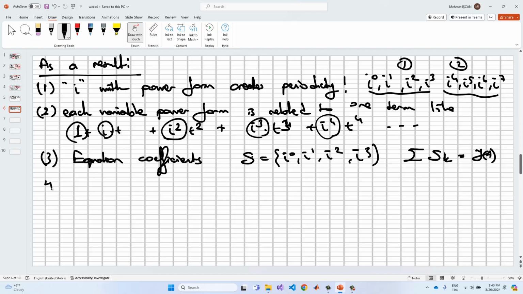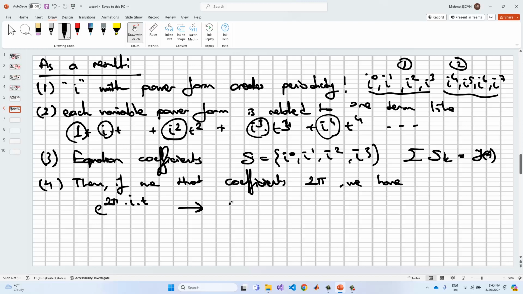And so we can also write that then if we take coefficients 2 pi, we have E over 2 pi dot I dot t gives us the 1 Hertz value, because it's the one rotation in here, right?